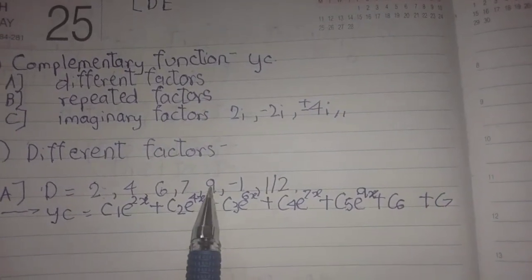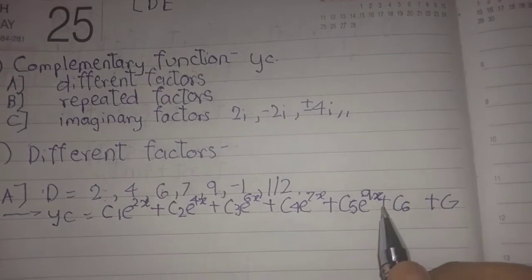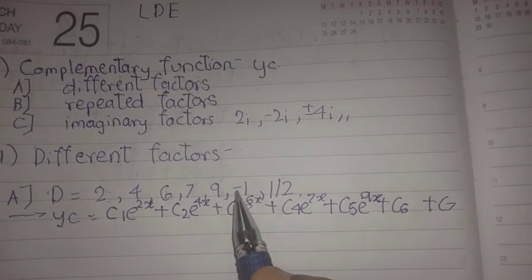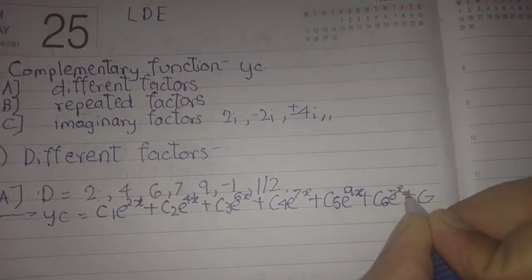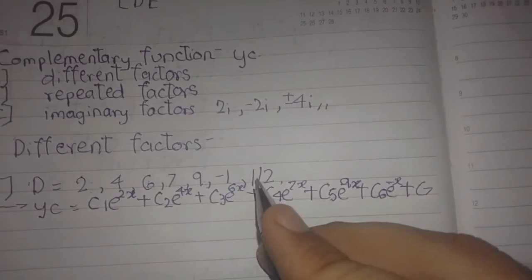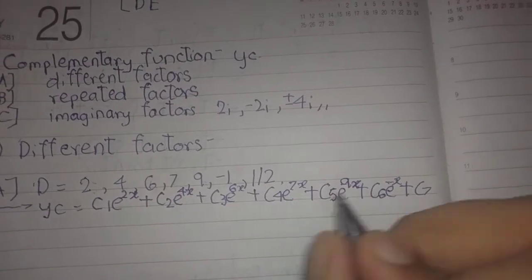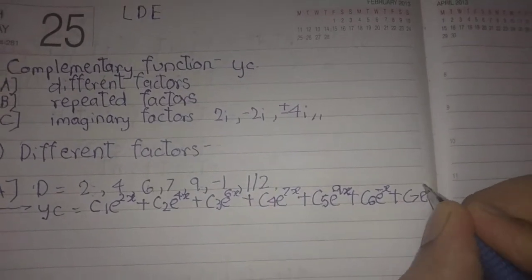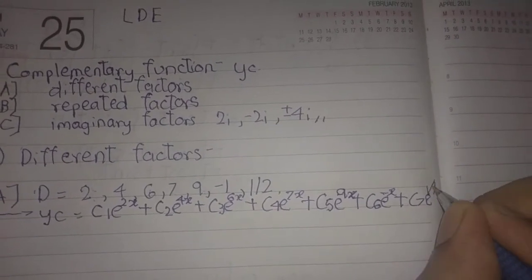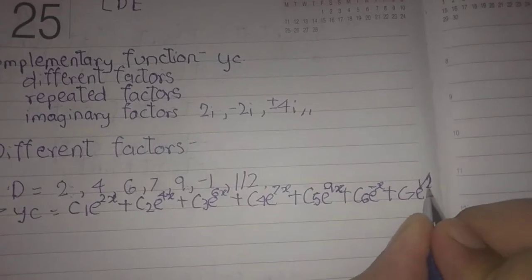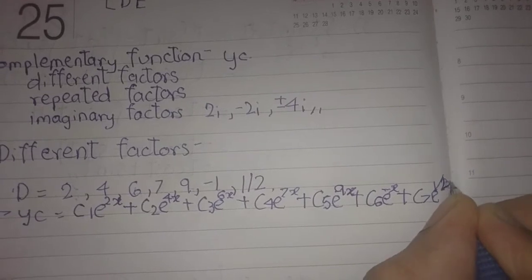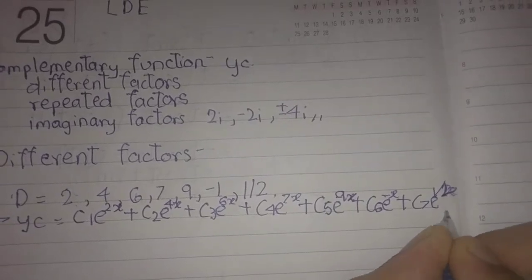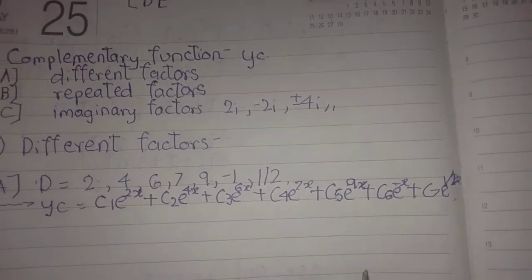C5 indicates the fifth term, which is 9 here. Now C6 indicates minus 1, so e raised to minus x. And C7 at last indicates the last term, the 7th term, which is 1 by 2. So here we will write e raised to 1 by 2x. I hope it is visible.